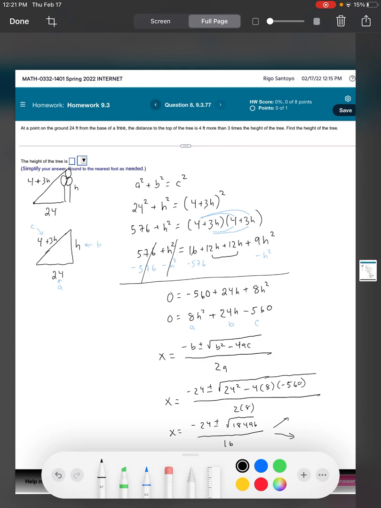So it's negative 24, first we do it with the plus, plus the square root of 18496.